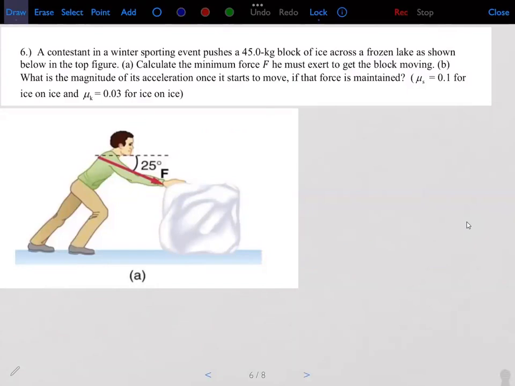So we have to overcome the static frictional force. What is the magnitude of the acceleration once it starts to move if that force is maintained? Okay. And we're told mu s is 0.1 for ice on ice, and mu k is 0.03 for ice on ice. All right, so first of all, let me draw all the forces acting on that block of ice.